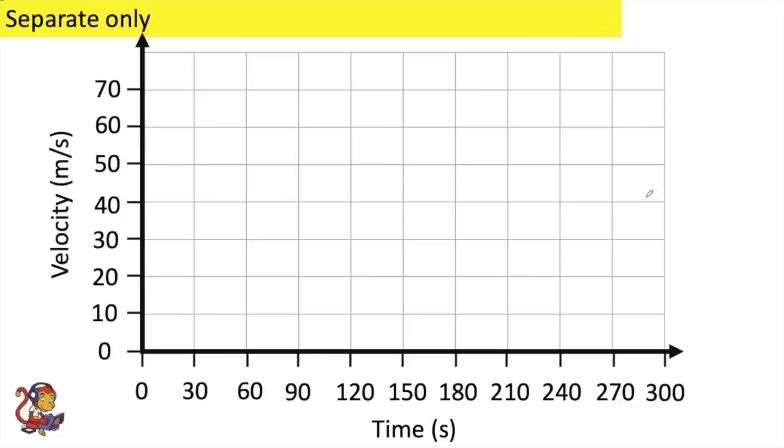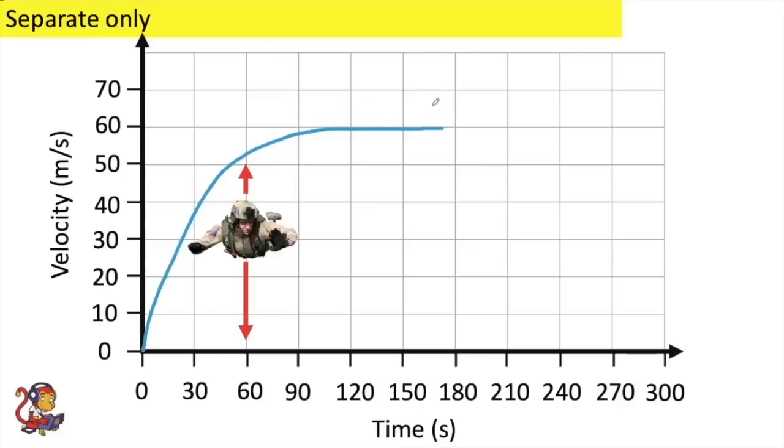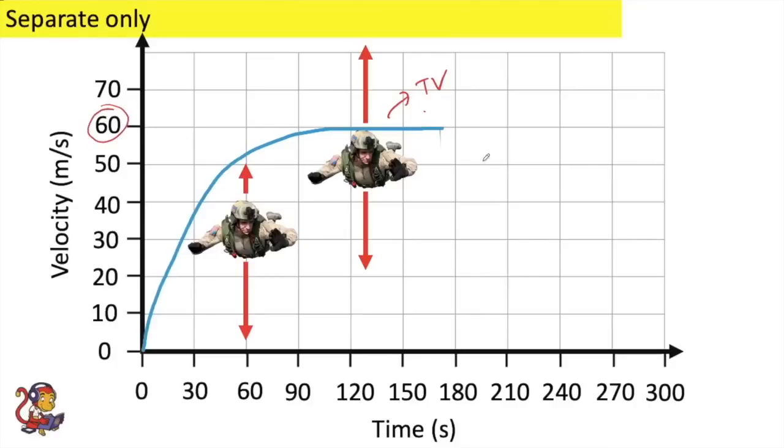So for separate science, you'll also need to link this into a velocity time graph, so looking at how the shape of the graph explains the motion. So if we look at the skydiver again, at this first point we could be sketching acceleration until he reaches his first terminal velocity. So here at this point he had unbalanced forces and was accelerating, and then at this point he reached balanced forces and was reaching a terminal velocity here of 60 metres per second.